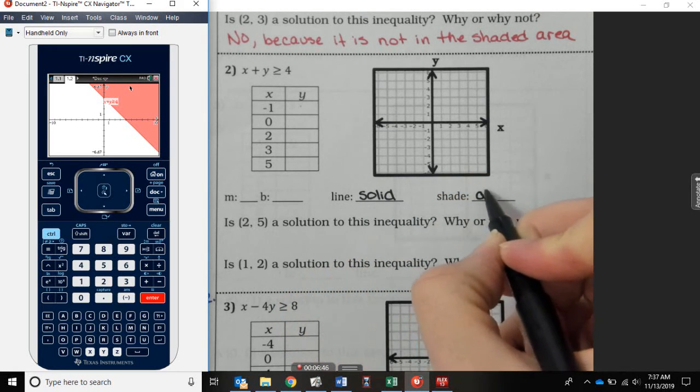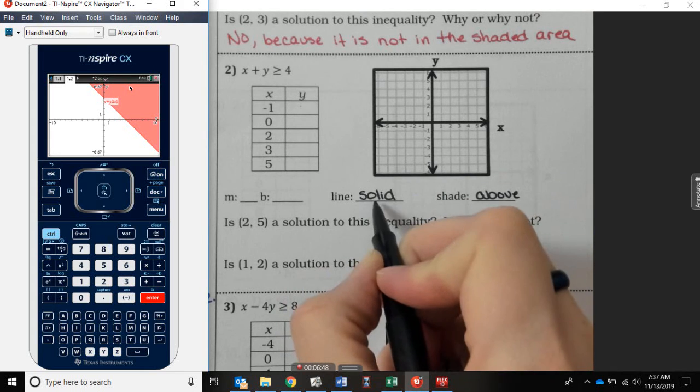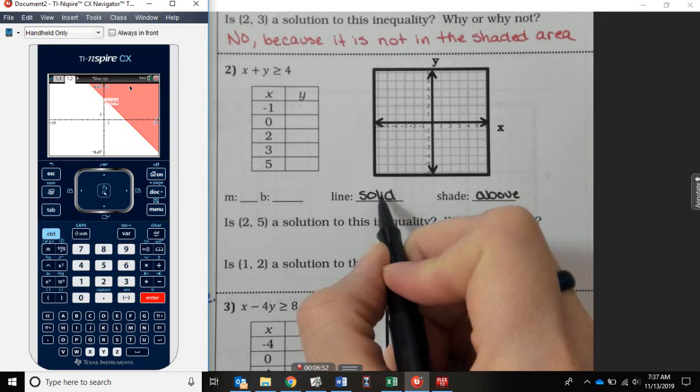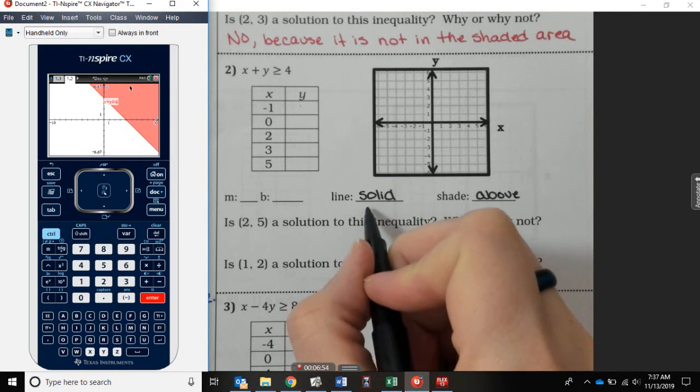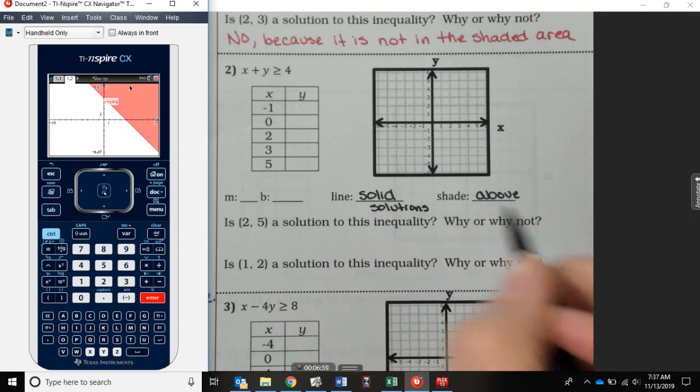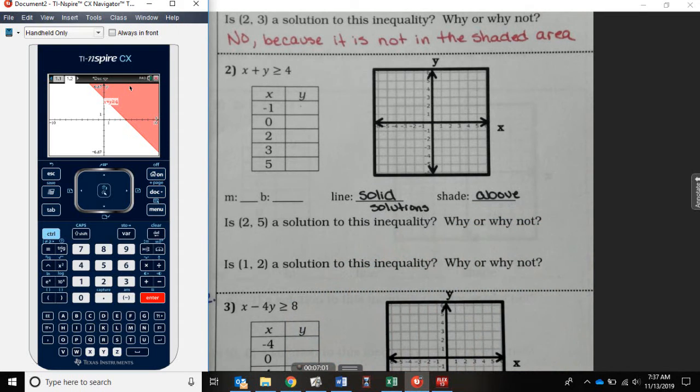and it's shaded above. If my line is solid, that means that solutions can be on the line. So solid solutions to help you remember. Okay, dotted lines don't count is what I always say, but solid solutions. And so in order to fill in our table, remember we're going to press menu 5, 1, and we're going to type in the number we want, which is -1, and press enter, and it tells us 5.